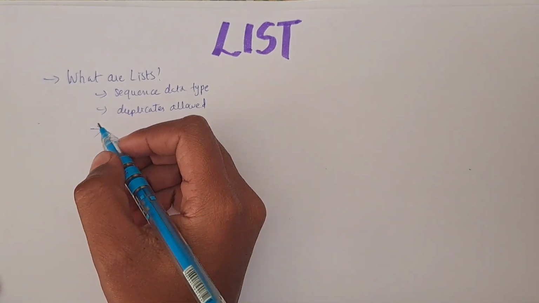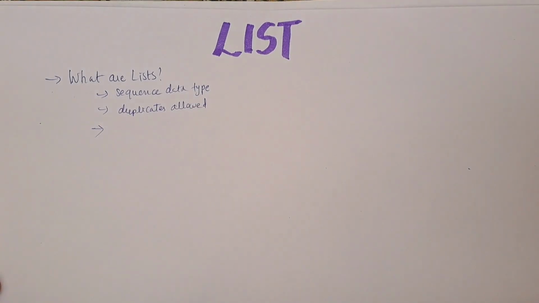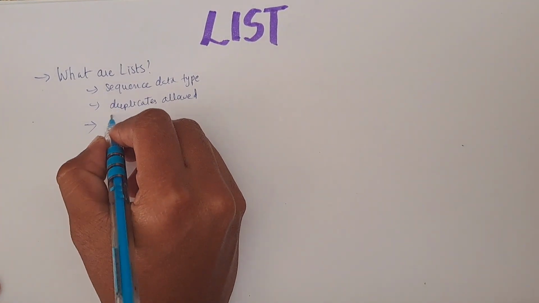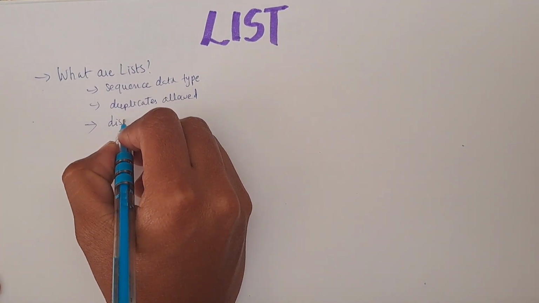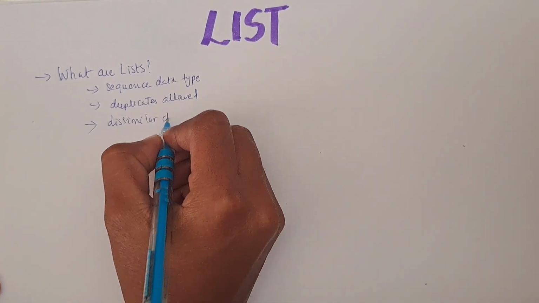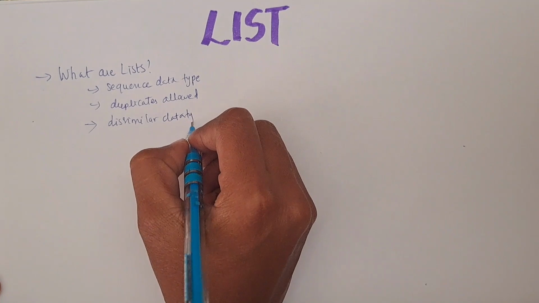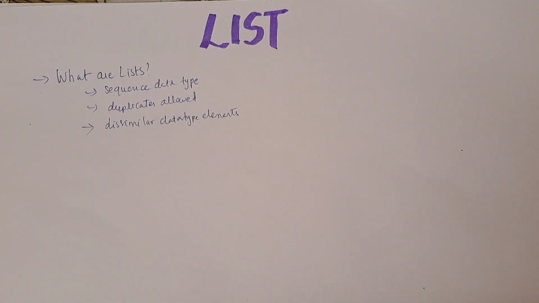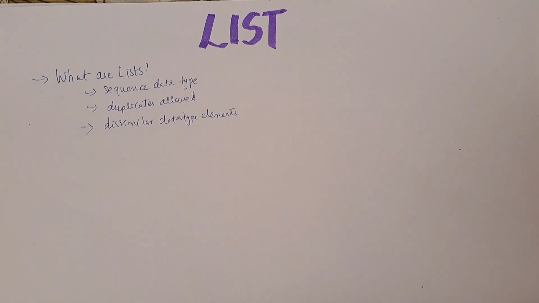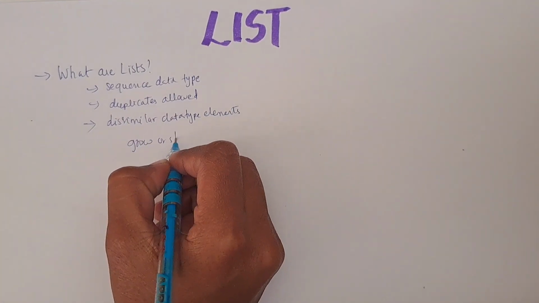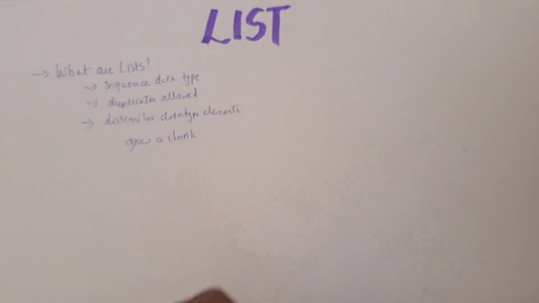And we can also say it contains dissimilar data type elements. So here we can generally say a list can grow or shrink during the execution of a program.